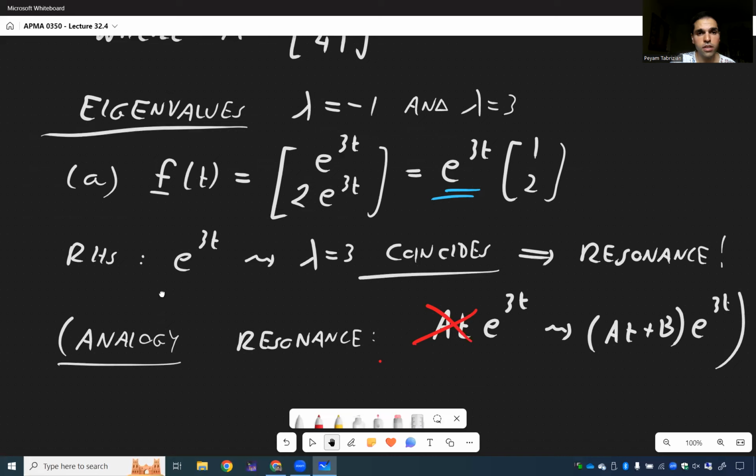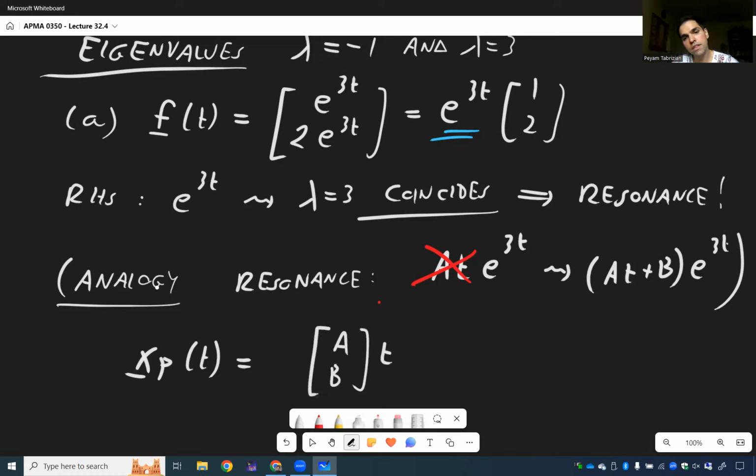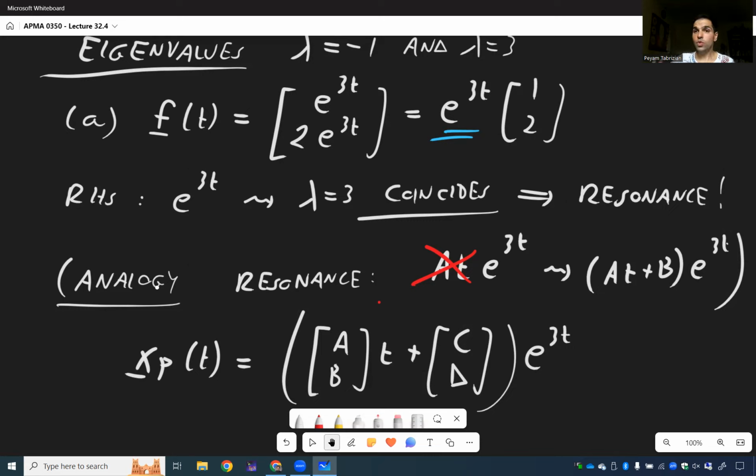And so here, xp of t would be (ab)t plus (cd), times e to the 3t. And you just do this trick on the term that has resonance. So if you had an extra e to the 2t, you would just deal with it as usual.